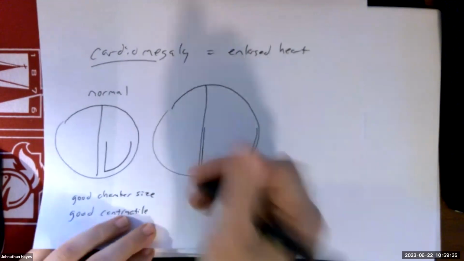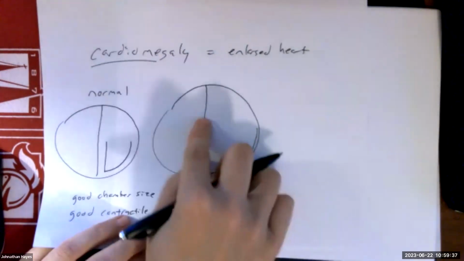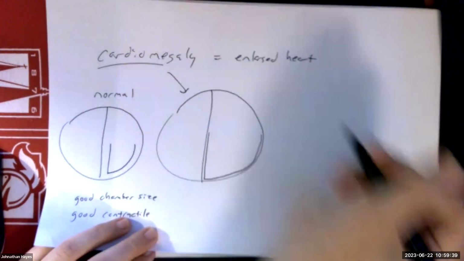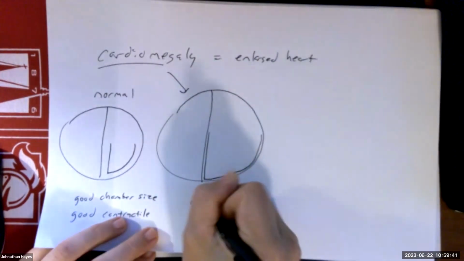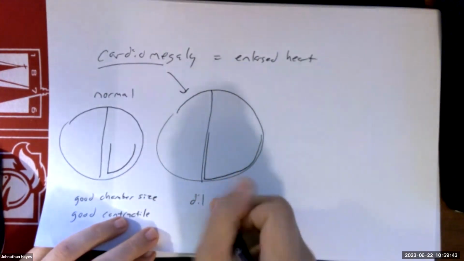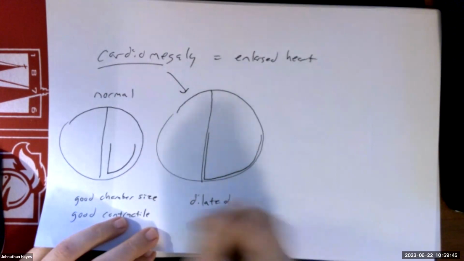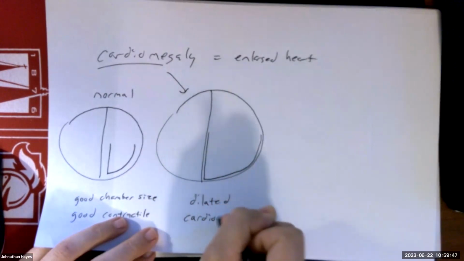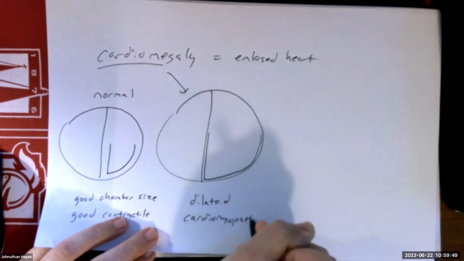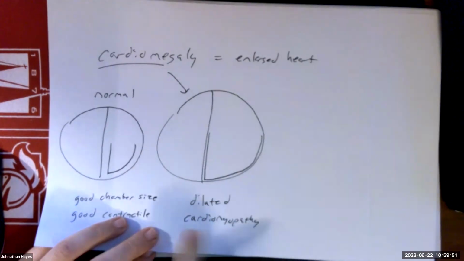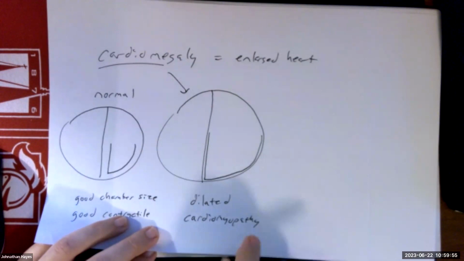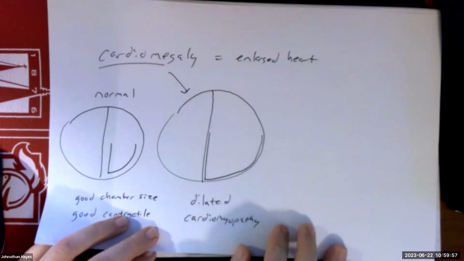But this is what we might refer to. This is cardiomegaly for sure, right? That's one type, and it's called dilated cardiomyopathy. So disease, heart muscle, dilated, overly dilated heart muscle. So it's a disease of overly dilated heart muscle.